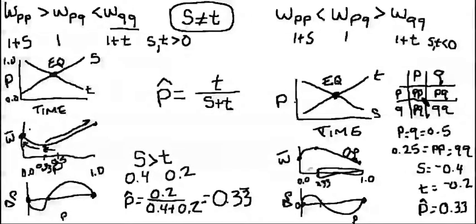and we're not going to end up at an equilibrium of 0.5 because it's much better to be a QQ individual or have two A2 alleles than it is to be a homozygote for the A1 allele. So because it's much better to be this genotype, QQ, rather than PP, we're willing to not have the optimal number of heterozygotes because we really don't want these guys at all.